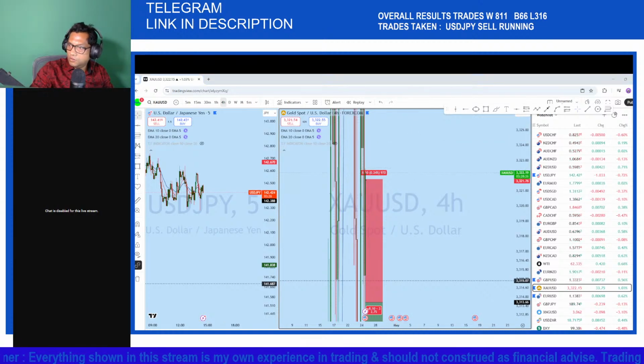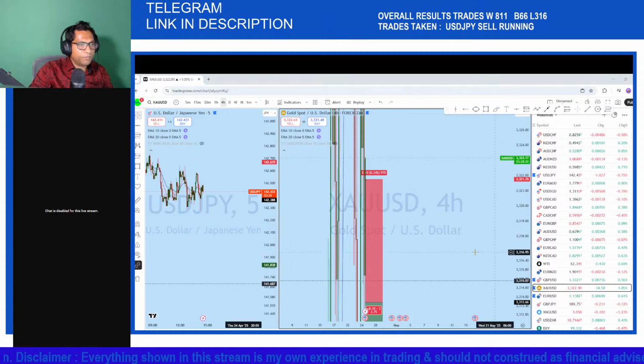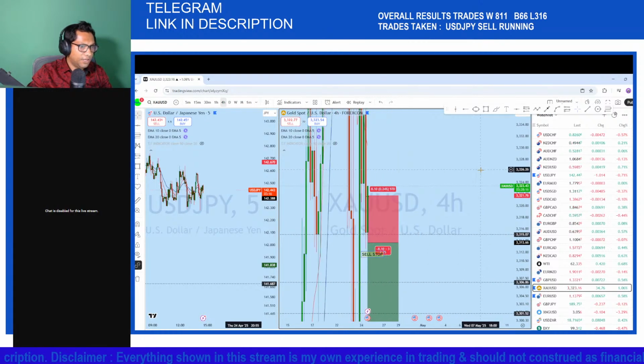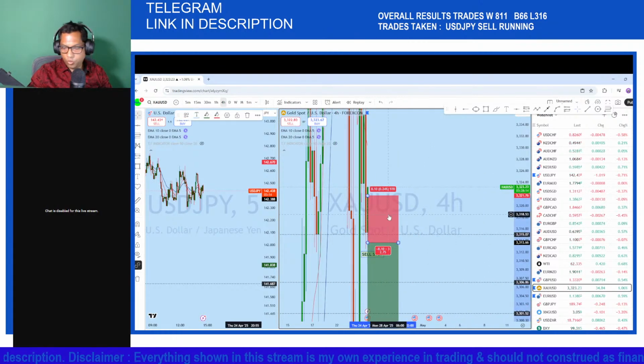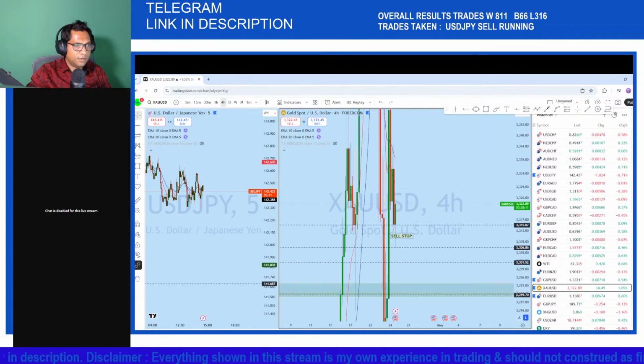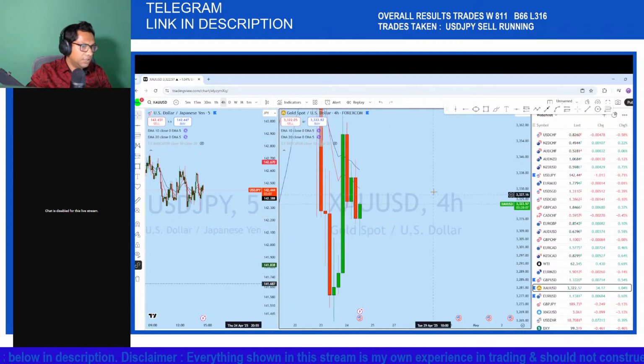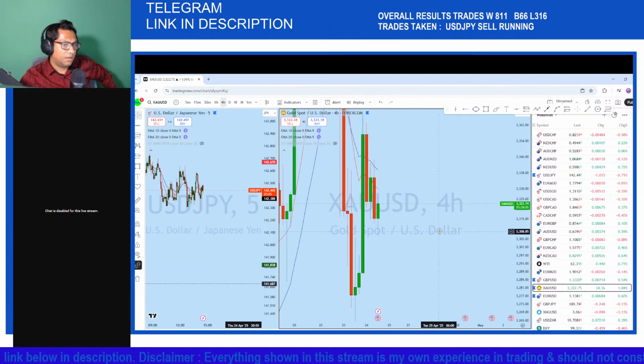So we are out with the trade, and it happens sometime with dollar yen running in. We will be waiting for the market to still hit those lines here.